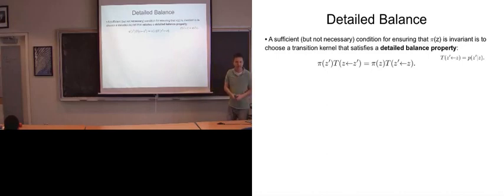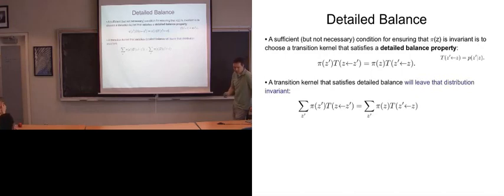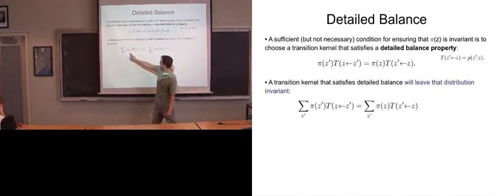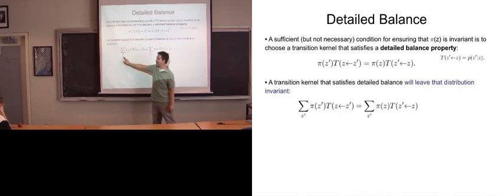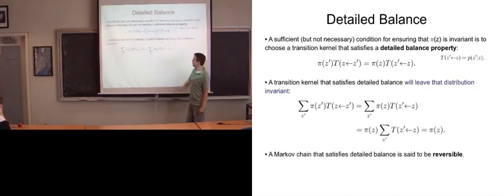Okay? That's the detailed balance property, and a transition kernel T that satisfies detailed balance will basically leave that distribution invariant, right? And you can prove that. Here's the proof. If I look at this expression here and I sum out Z prime, I'm replacing this using the definition of detailed balance.